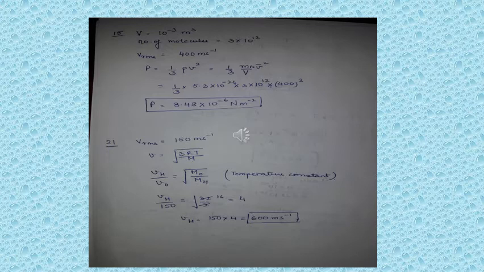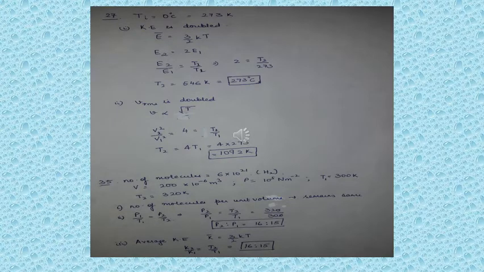So the velocity of hydrogen with respect to oxygen will be square root of the molecular mass of oxygen divided by that of hydrogen. The molecular mass of oxygen is 32 and that for hydrogen is 2. Substituting the value of the velocity of oxygen as 150 meters per second, the velocity of hydrogen comes out to be 600 meters per second.